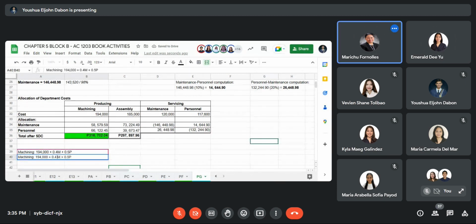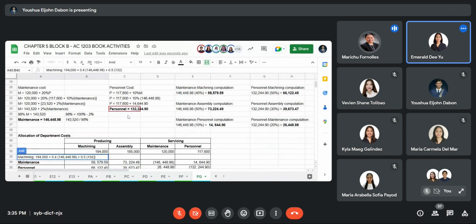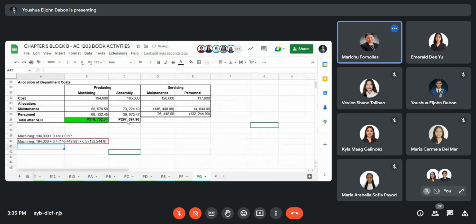Correct. Then plus 50% times the value for personnel, which is 132,244.9, miss. Correct. Okay, so continue so that you can get the final answer.